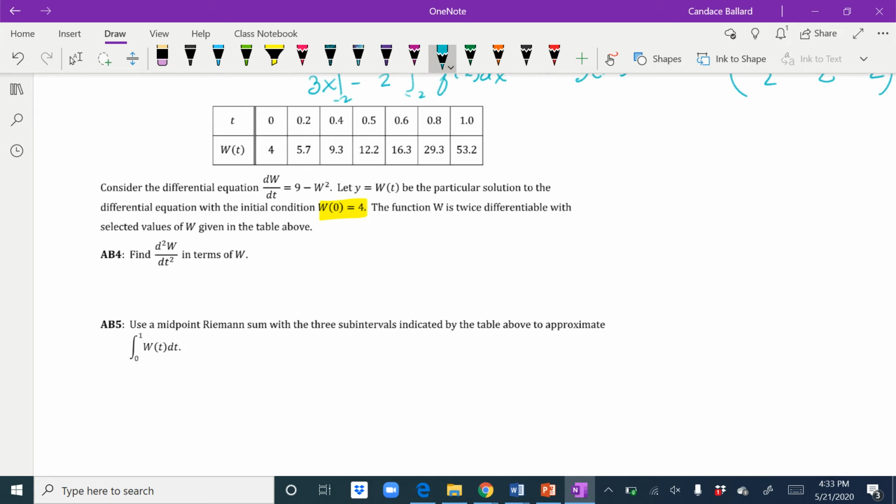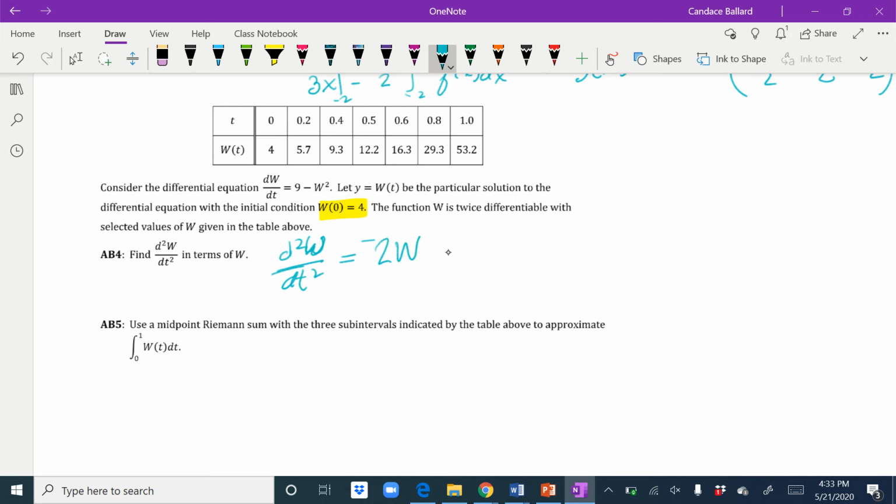The function w is twice differentiable with selected values of w given in the table above. We got to find the second derivative. So we're just going to have to power through second derivative, right? So d squared w over dt squared, or second derivative equals, what's the derivative of 9? 0. Okay, derivative of negative w squared. Negative 2w.